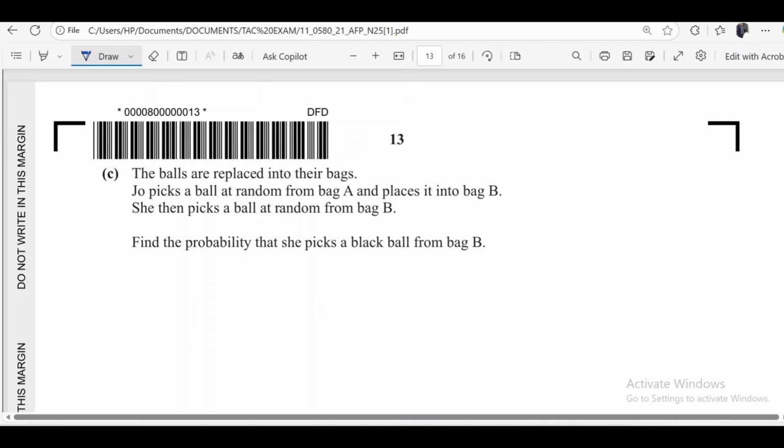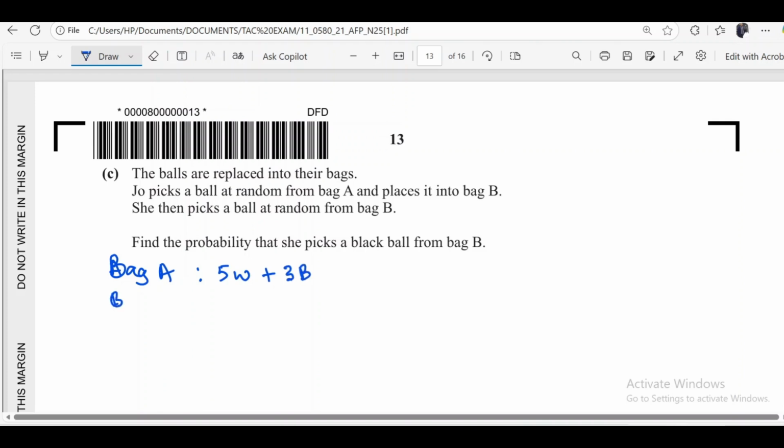Bag A has altogether 8 balls, 5 white and 3 black.